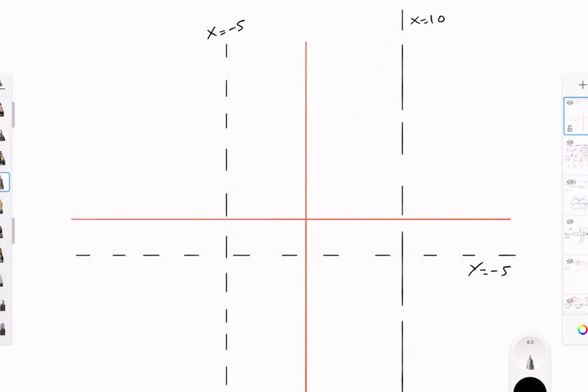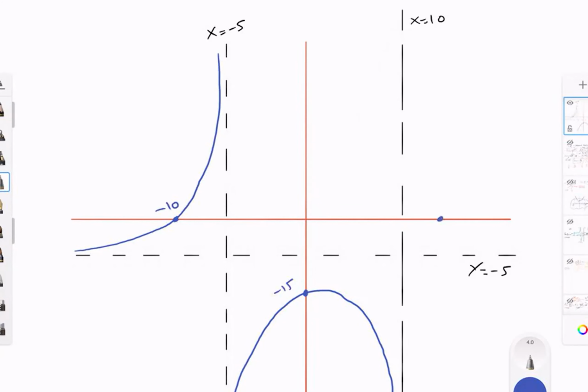They're asking us, and I give you, and we have a graph. This is -10, -15. So we have a graph like this, and they're asking us what is the equation of this graph.